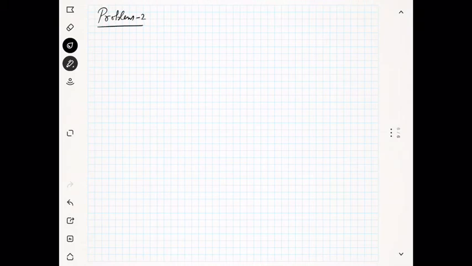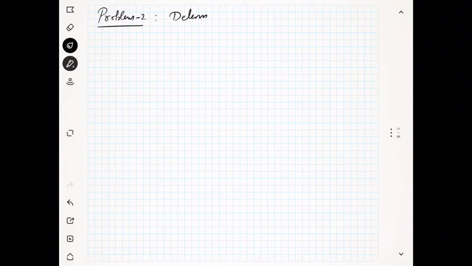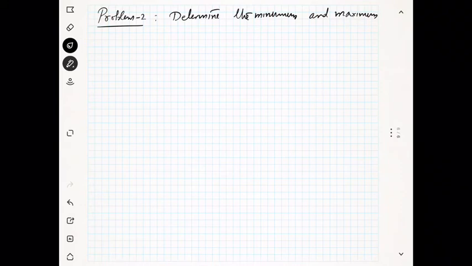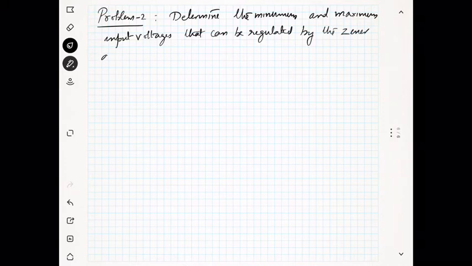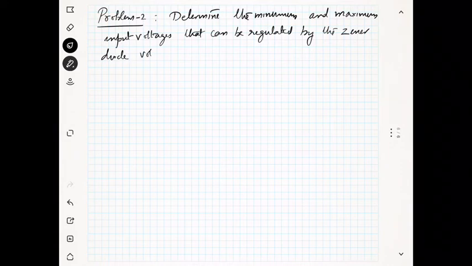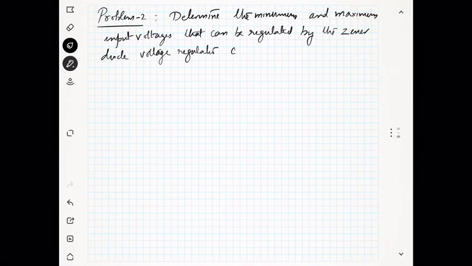Problem 2. That is, determine the minimum and maximum input voltages that can be regulated by the Zener diode voltage regulator circuit shown in the figure below.